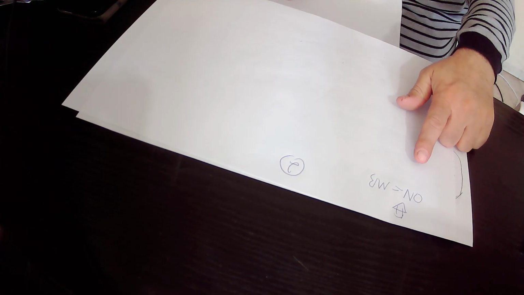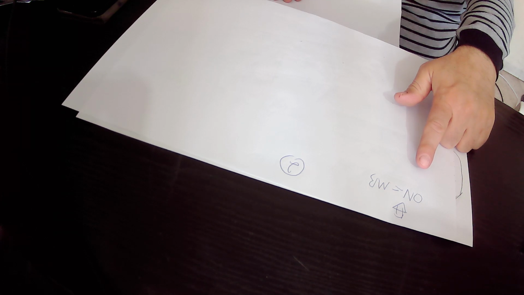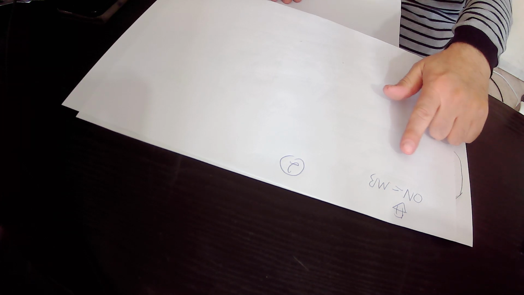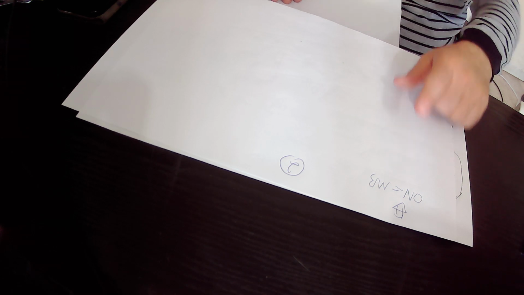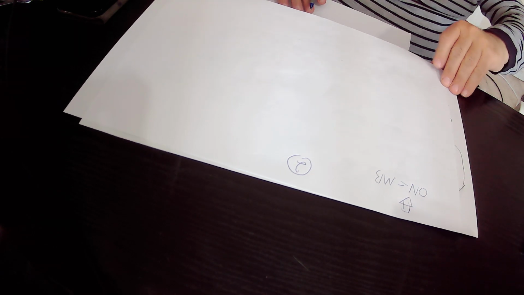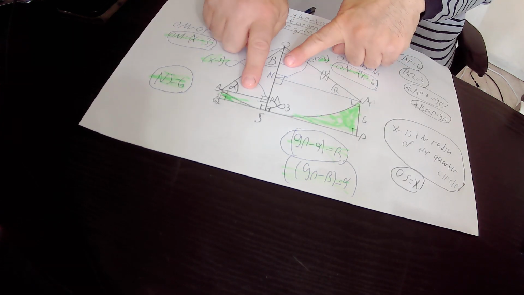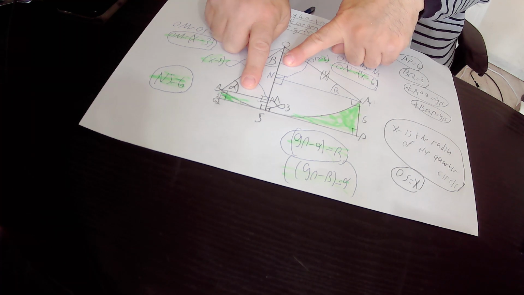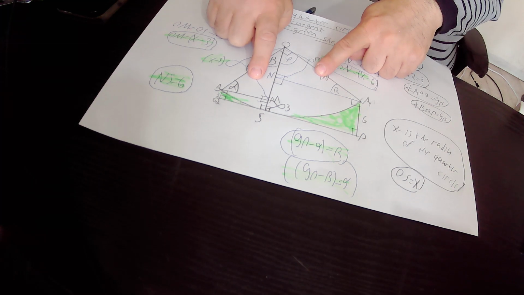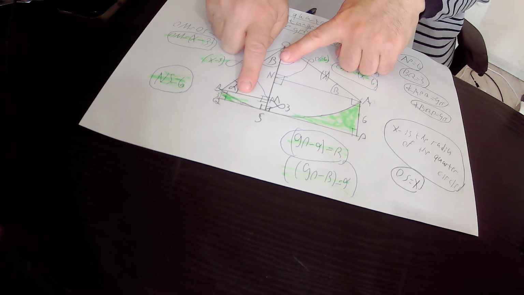Actually, those two sides are equal to each other according to the rule that corresponding sides in congruent triangles are equal to each other. Those two right triangles can go into each other, therefore the two corresponding sides must be also equal to each other.